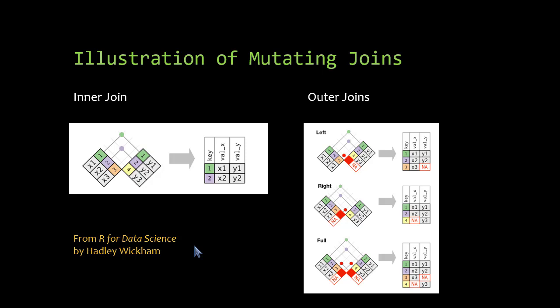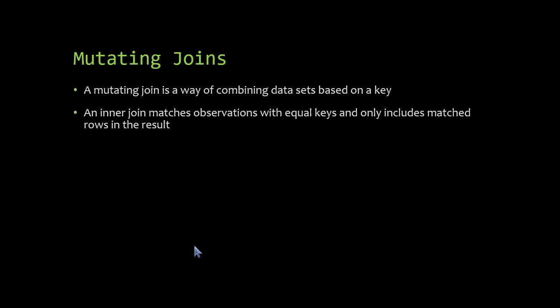So let's look back now and see if it makes more sense when we read the definition of an inner join. An inner join matches observations that have equal keys and only includes matched rows in the result.